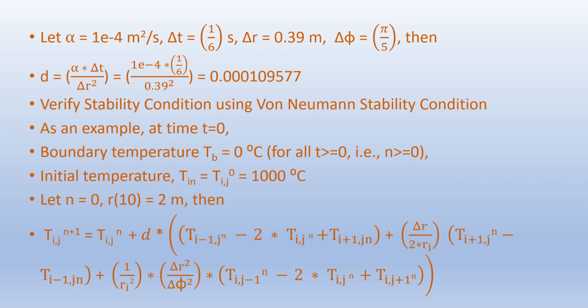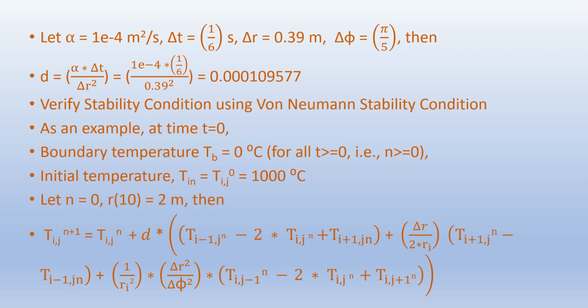As an example, let at time t equals 0, the boundary temperature Tb equal 0 degrees Celsius. For all t greater than or equal to 0, that is n greater than or equal to 0, the initial temperature inside the domain, T i,j at 0, equals 1000 degrees Celsius.